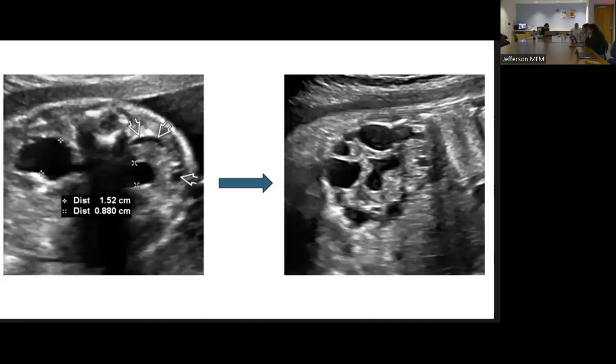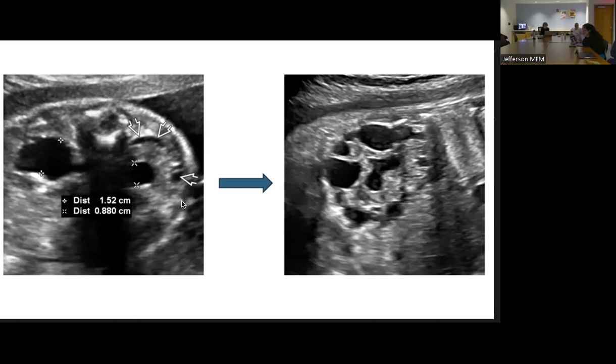And so this is a patient who initially presented with the fetus having bilateral renal pelvis dilation. You can see that both left and right are dilated. And then you can see, they're subtle, but there are some subcortical cysts, suggesting that the obstruction has potentially caused some amount of renal dysplasia.